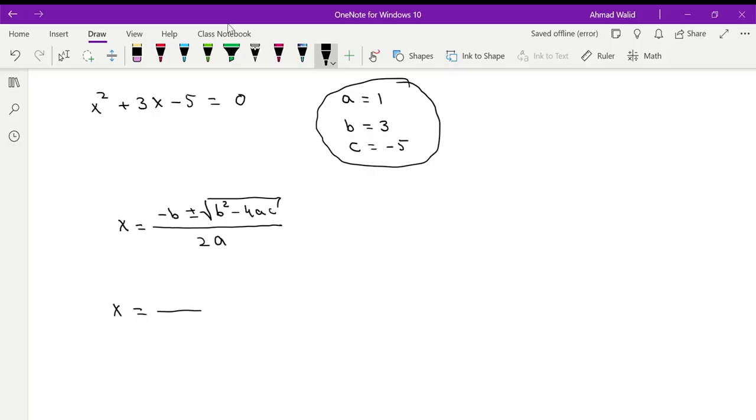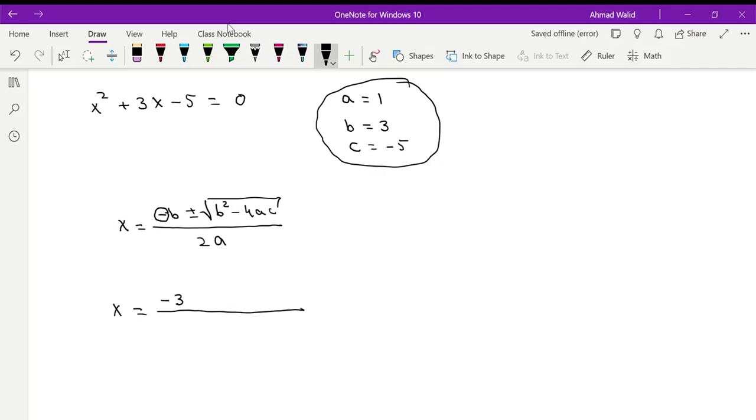Be careful in this formula with all those signs involved. If you just forget about one negative, your answer is wrong. You see, I have one negative from the formula, negative. Then how much is b? 3.